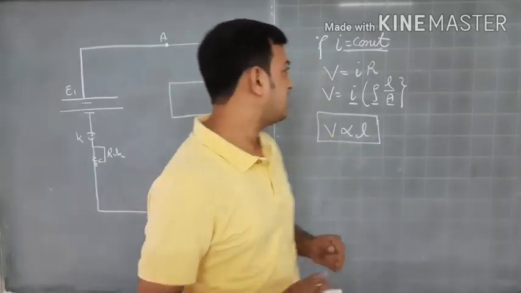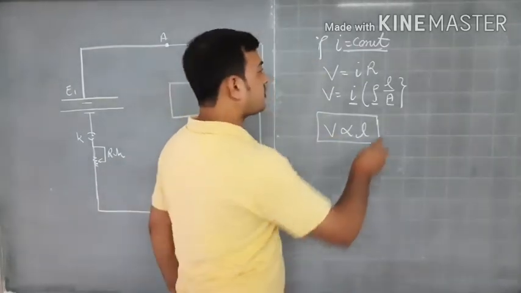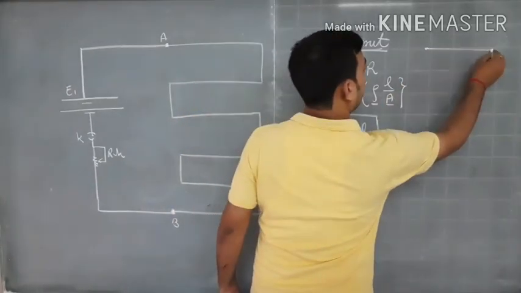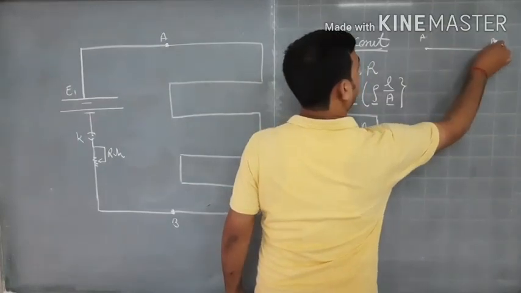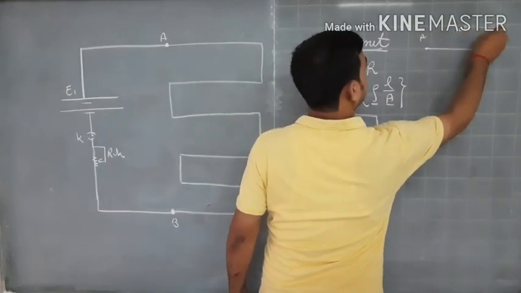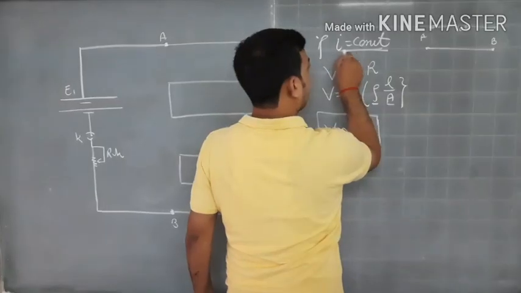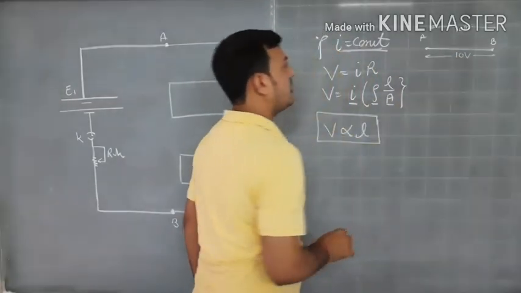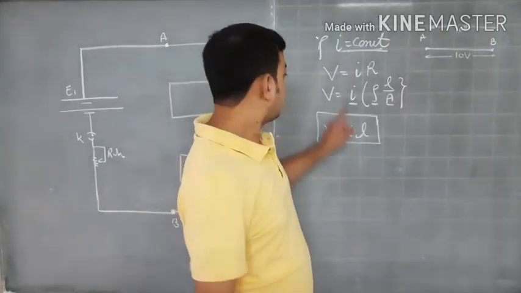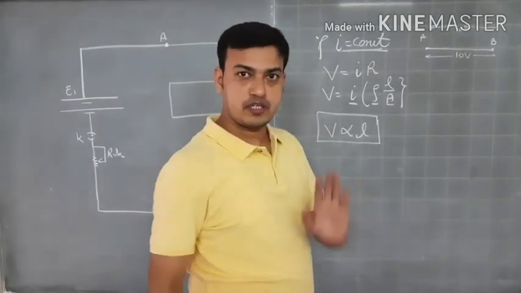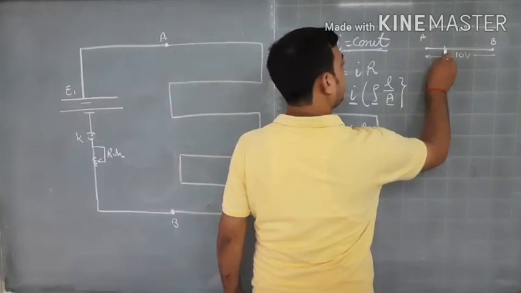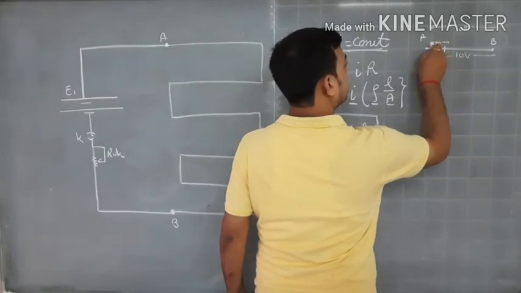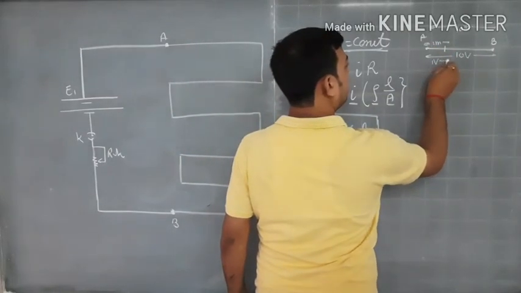Let us understand this in a very simple way. For example, suppose I have a wire of 10 meter, and when I is constant, the voltage drop across this is 10 volt. So this says that V is directly proportional to L. It means if I take 1 meter length, the potential drop will be 1 volt.